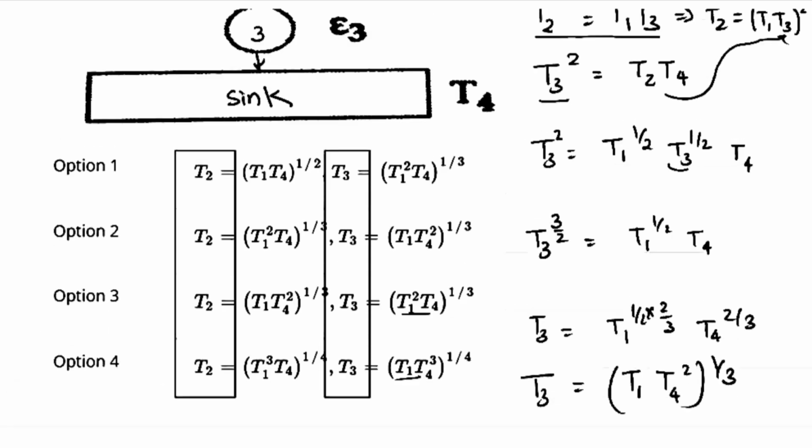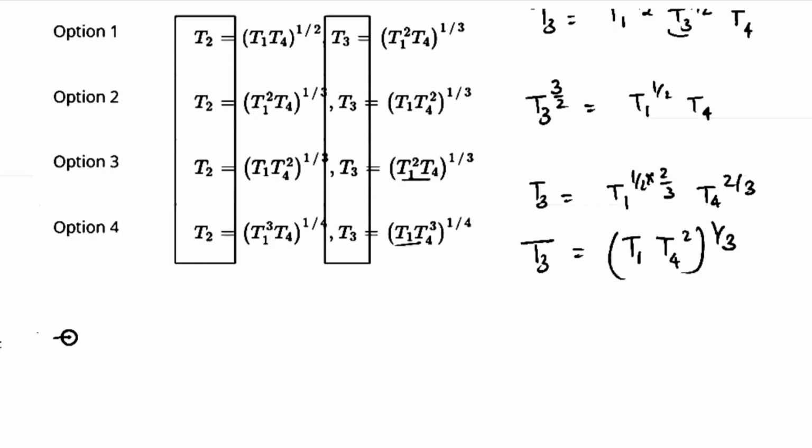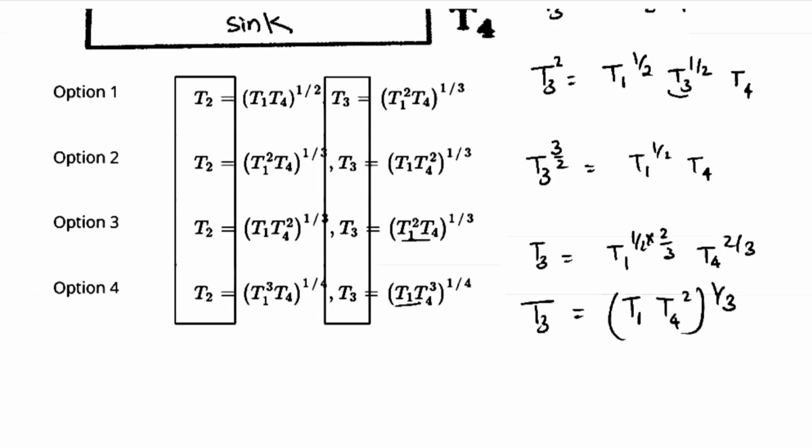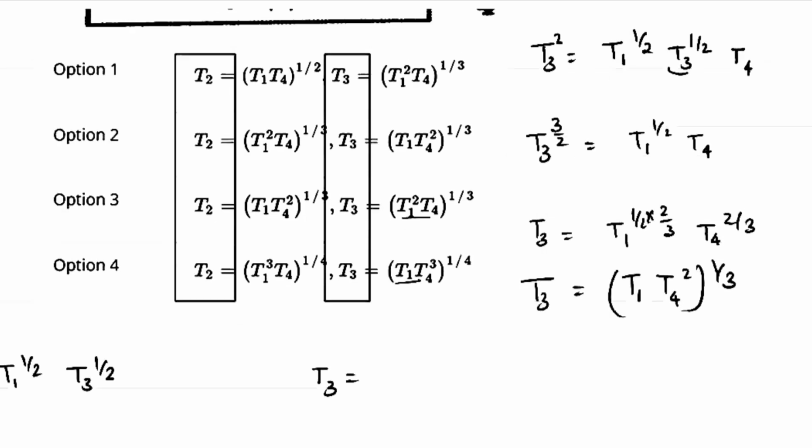T3 we can already see is T2 to the power half and T4 to the power half, right? So solve for T2. I will write T2 is equal to T1 to the power half, T3 to the power half, and here T3 we have already calculated that it is this.